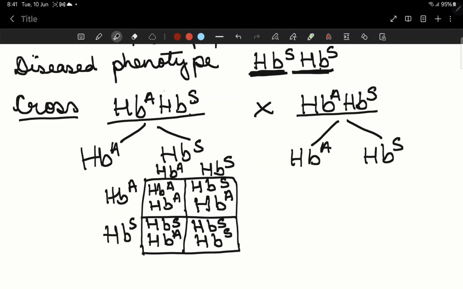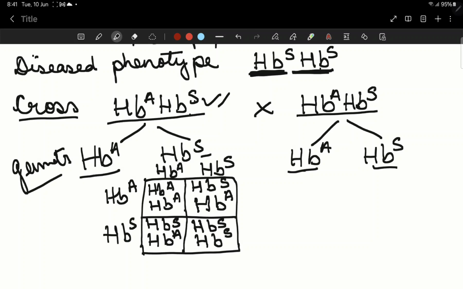That means both the parents are carriers of the disease. So it is a heterozygous condition. Now the gametes that are formed are HBA and HBS, and similarly the same gametes are formed from the other parent.